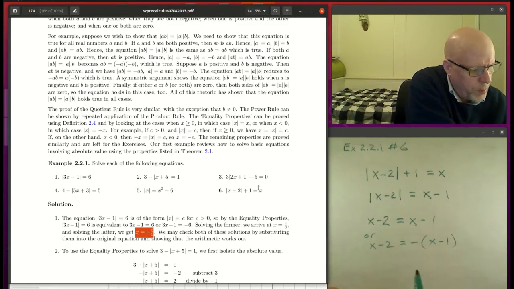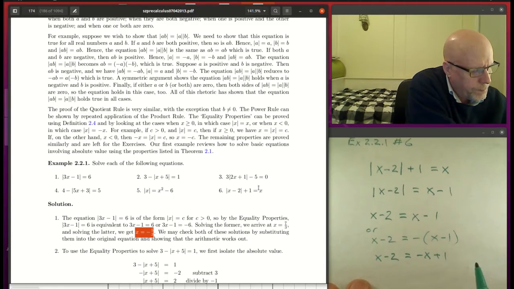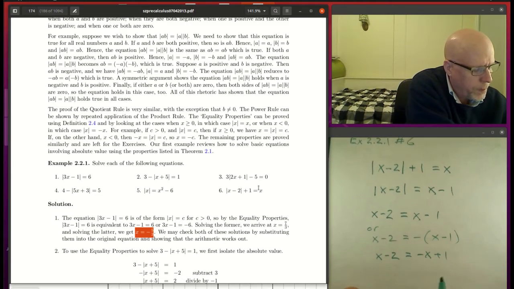So let's do some algebra on it. x minus 2 is equal to the negative of that. Well, just distribute the minus sign, so you get x minus 2 equals negative x plus 1. How about if we move the numbers to one side and the x's to the other side? We'll do the numbers first.